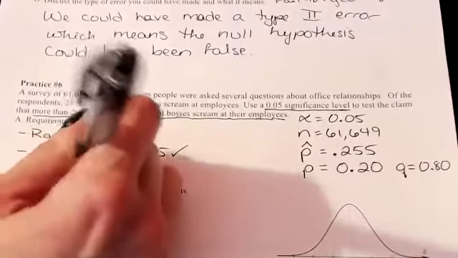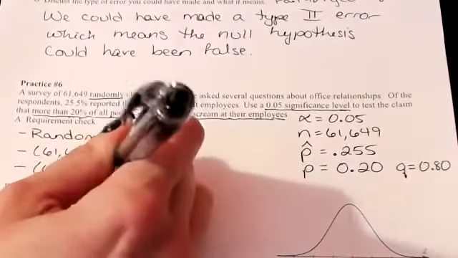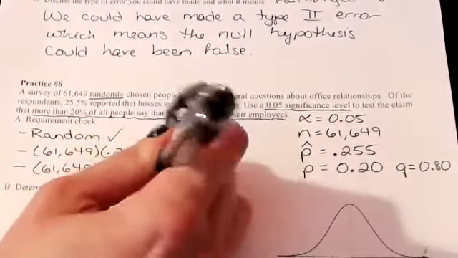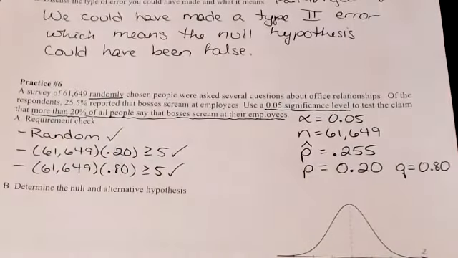Same thing, we want to check that N times Q is also greater than or equal to 5. And yes, in fact, it is. We know this is a binomial. We're essentially looking at a binomial distribution, but using the normal distribution to approximate, because we have two outcomes. Either they scream at them or they don't, right?